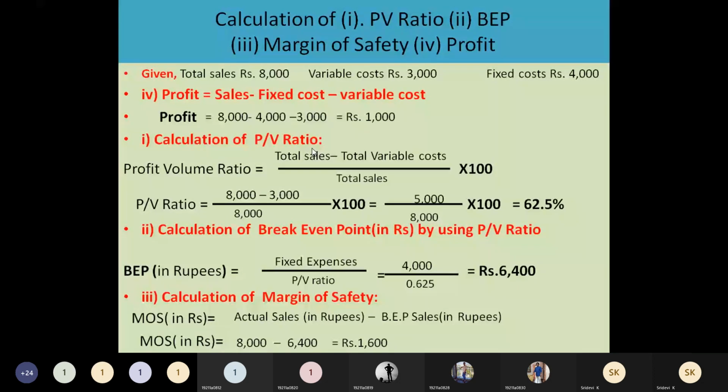Okay, is that clear? This is how you are going to find out the profit. Even if you are not going to calculate the PV ratio, break-even point and margin of safety, you can directly calculate the profit. So that we are going to use here.